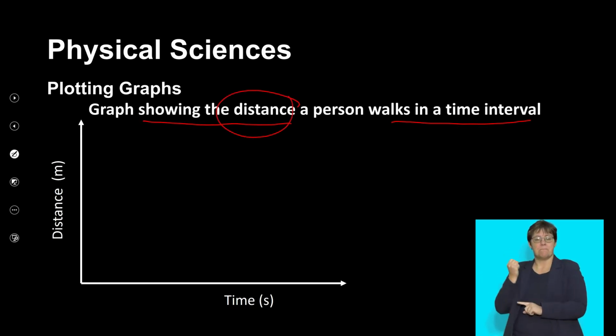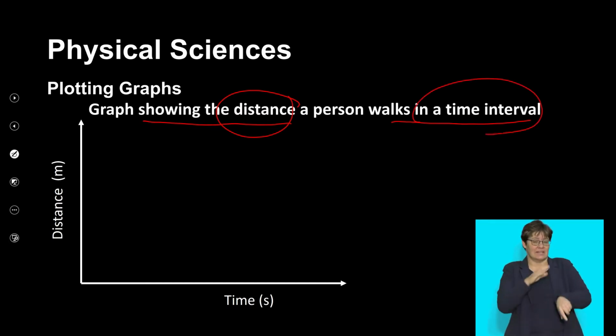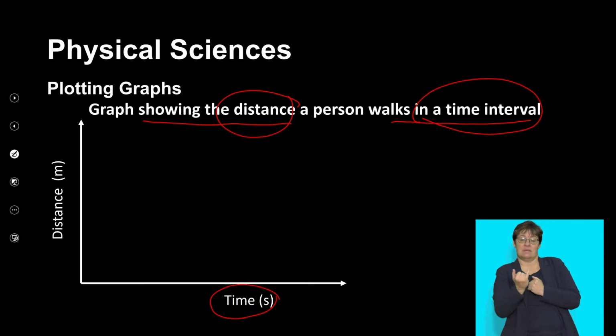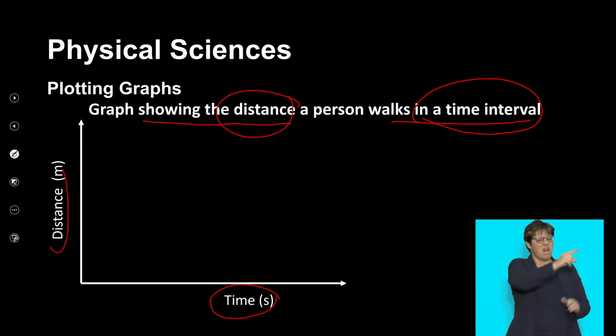The thing that we are measuring or controlling is the time interval. So time is the independent variable, and the distance measured in meters is the dependent variable. And so that's how we set up the graph.